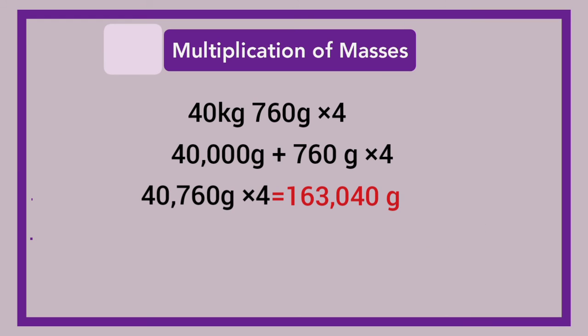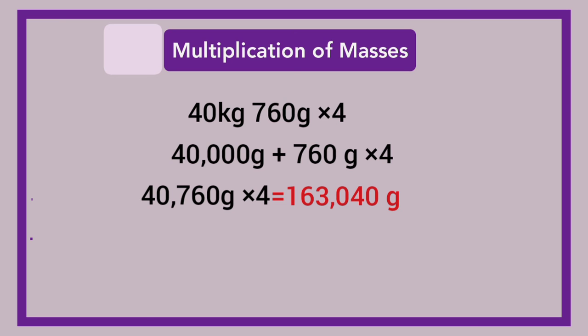So here you can see 40 kilograms 760 gram multiplied by 4 means 40 kilogram is equal to 40,000 grams. So 40,000 grams plus 760 grams is 40,760 grams, multiplied by 4. If you multiply this in the normal multiplication method, you get 163,040 grams.